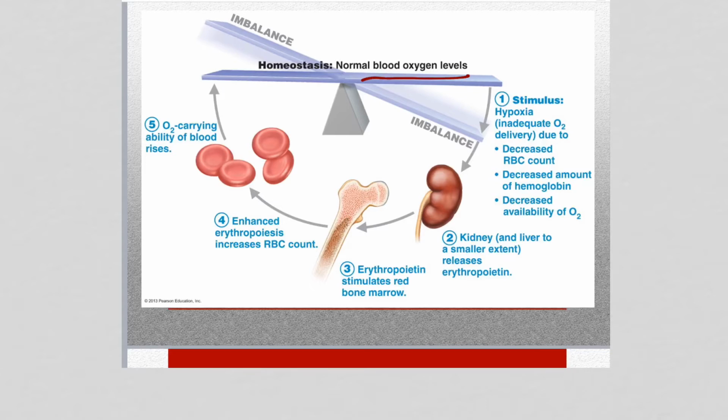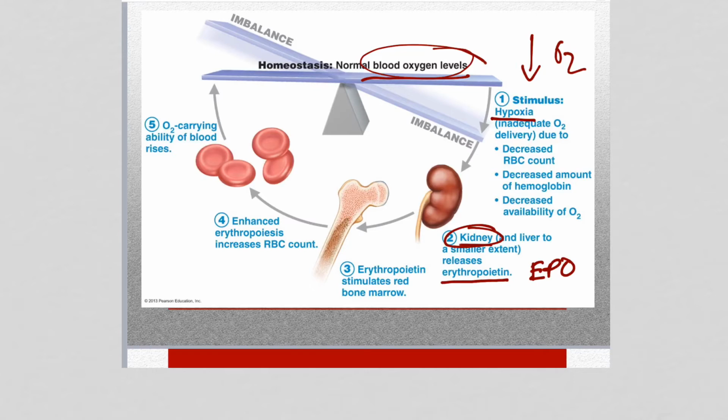So you're not looking at the number of red blood cells, you're looking at the oxygen levels of the blood. So if you have a drop in oxygen levels in the blood, then the tissues are going to experience hypoxia. And when the kidney, and liver to a smaller degree, but the kidney mainly, experiences hypoxia, it's going to release this hormone called erythropoietin, or EPO.